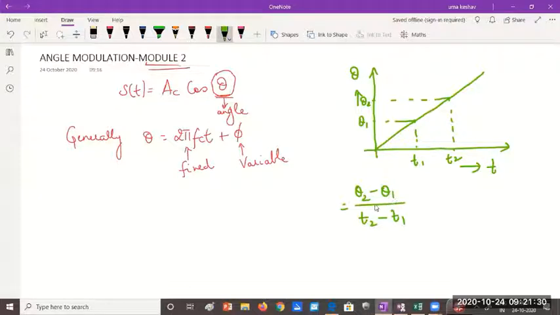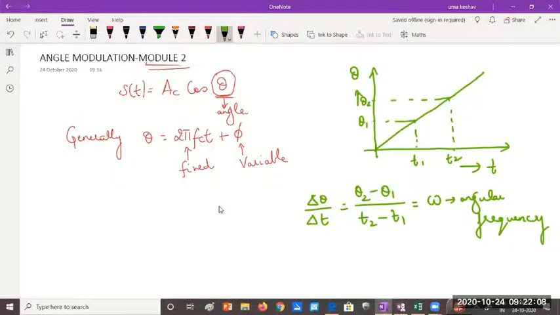Change in angle with respect to time. Any idea what we call it? Angular velocity or angular frequency. You're right. So I can call this omega, which is angular velocity, or angular frequency. So change in angle with respect to time is always angular frequency or angular velocity.